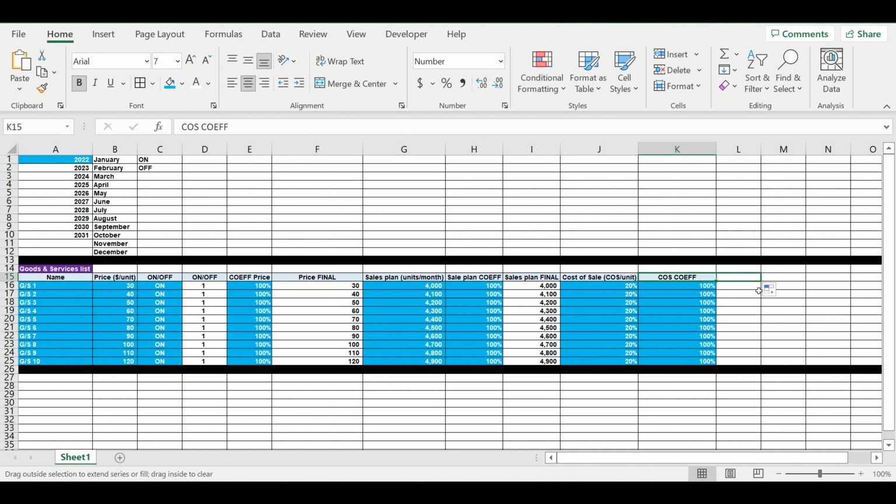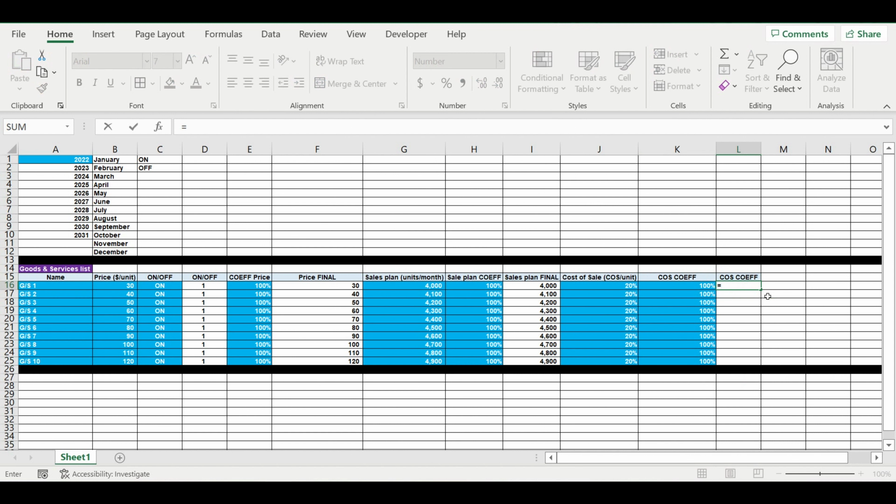So cost of sale will be this value, price, multiplied by 20%, and then we multiply on this coefficient.